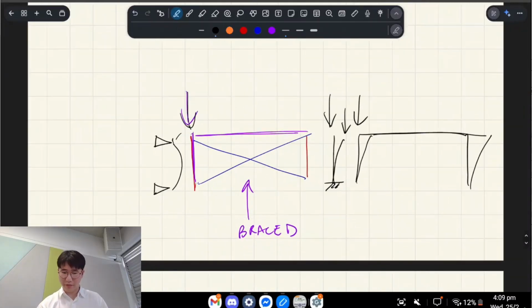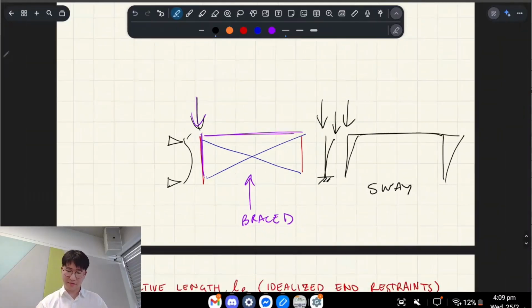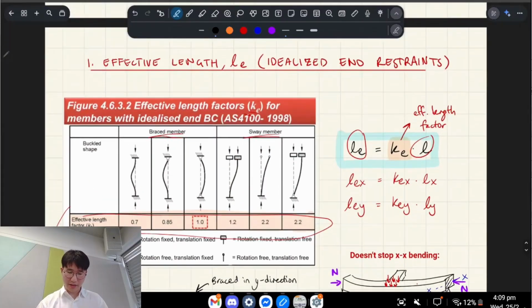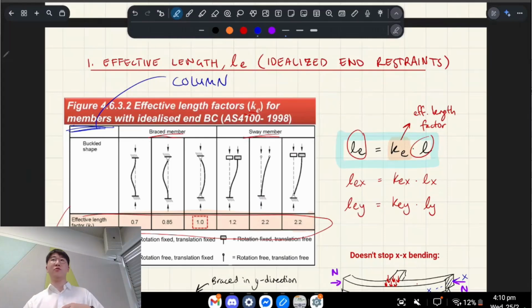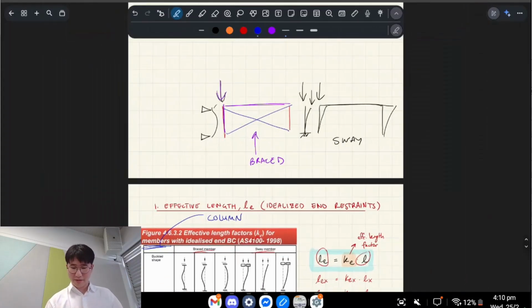So that one's sway. When we're talking about this member, it's easiest to think of it in terms of a column: is the column for this building braced or sway? It all depends on the overall system's stability, whether it's been braced using wall bracing or not. And this isn't terribly uncommon either.